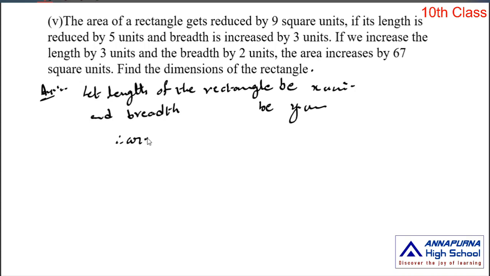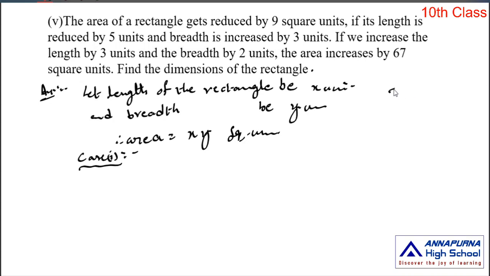Therefore the area is length x times breadth y, so its area is x into y square units. And observe the first case in the given question. The area of the rectangle gets reduced by 9 square units if its length is reduced by 5 units and breadth is increased by 3 units.